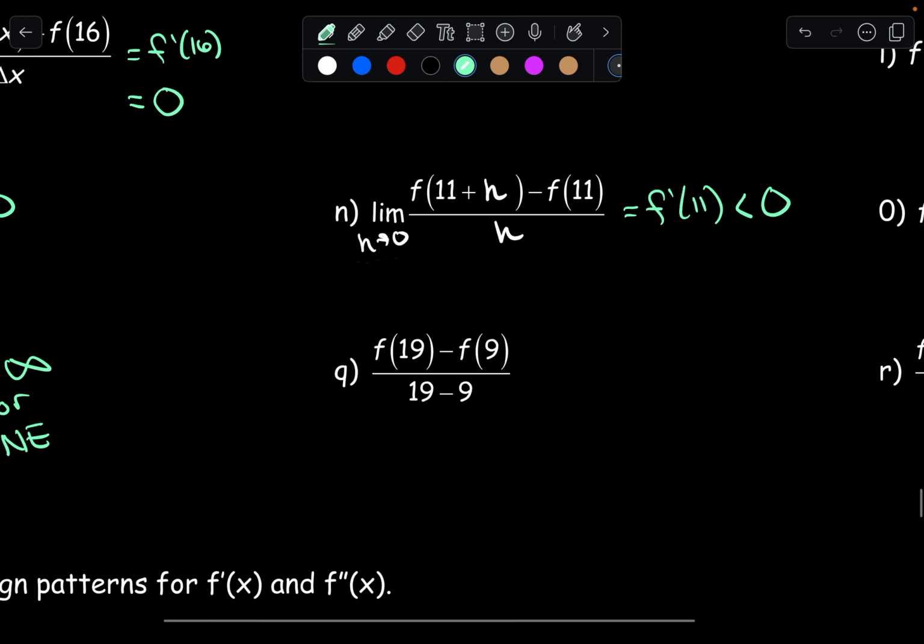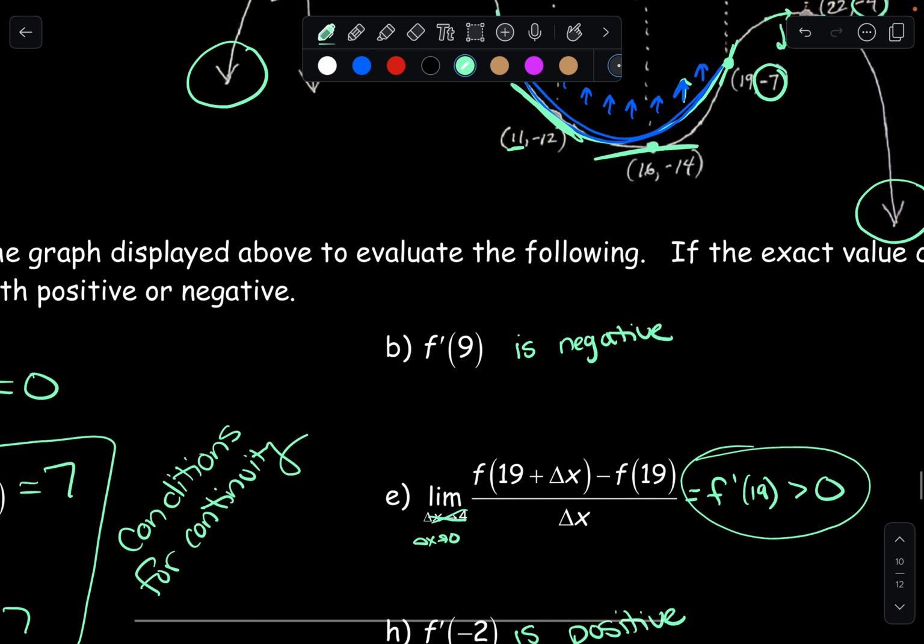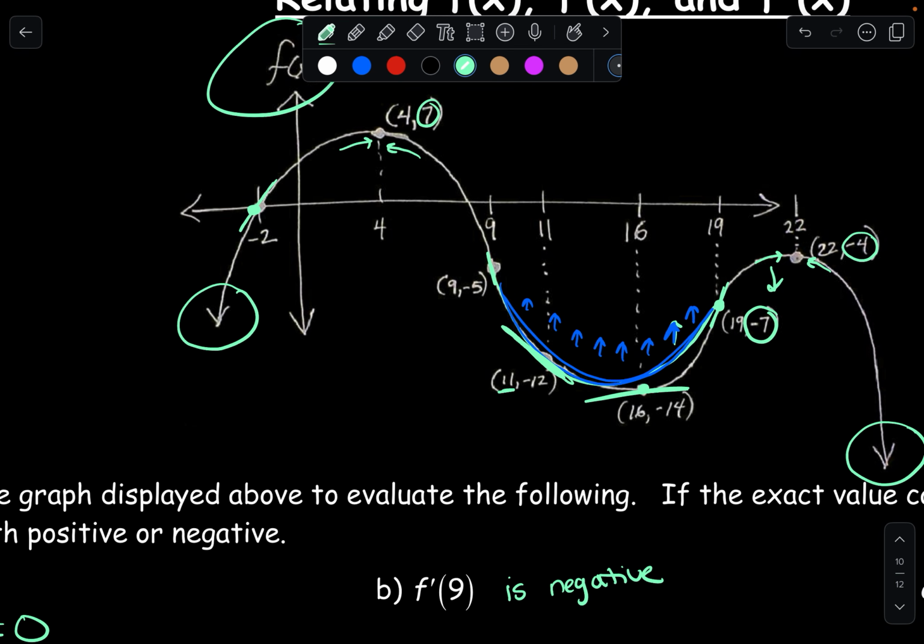Q is different. This is the average rate of change. So we want the output at 19, which is -7, minus the output at 9, which is -5, divided by 19 minus 9. So if we double check, f of 19 is -7 here. F of 9 is -5.